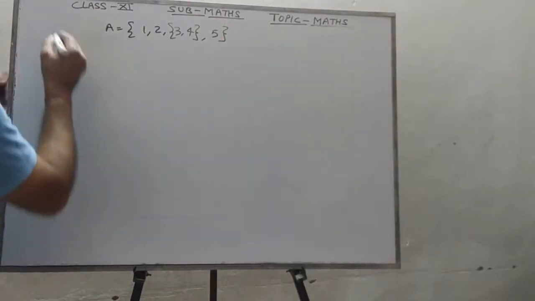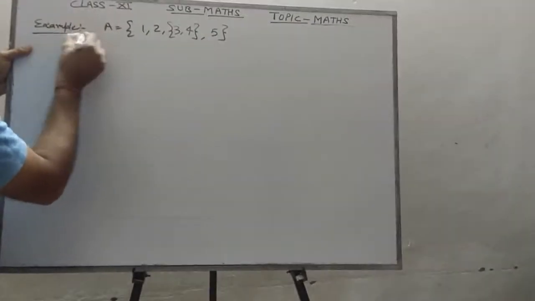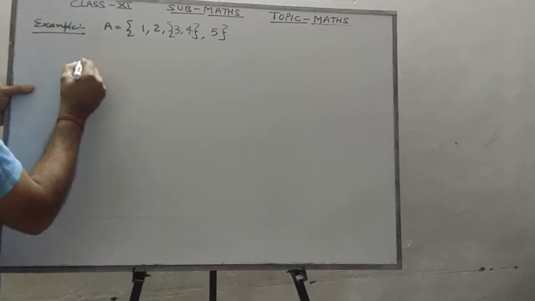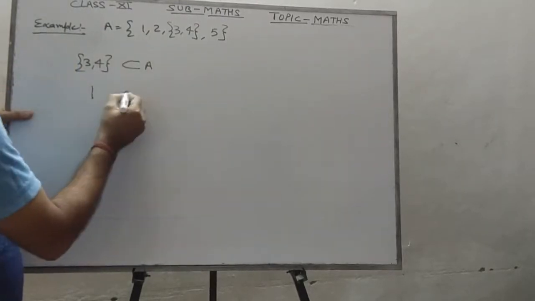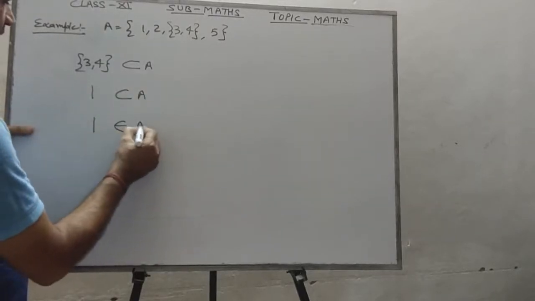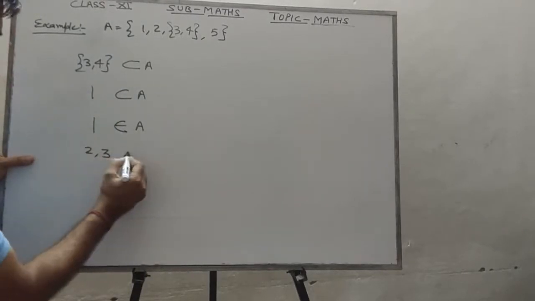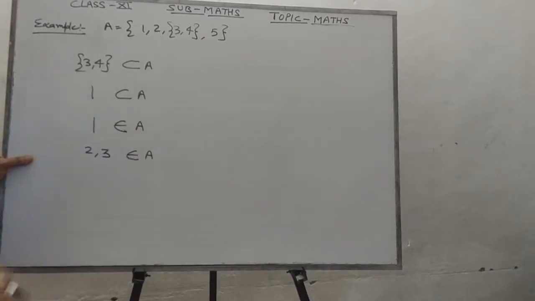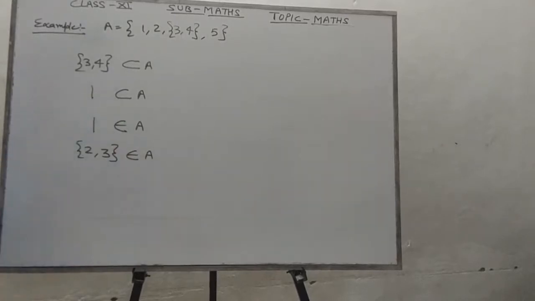The first statement: {3, 4} is a subset of A. 1 is a subset of A. 1 belongs to A. {2, 3} belongs to A. We will discuss these statements.